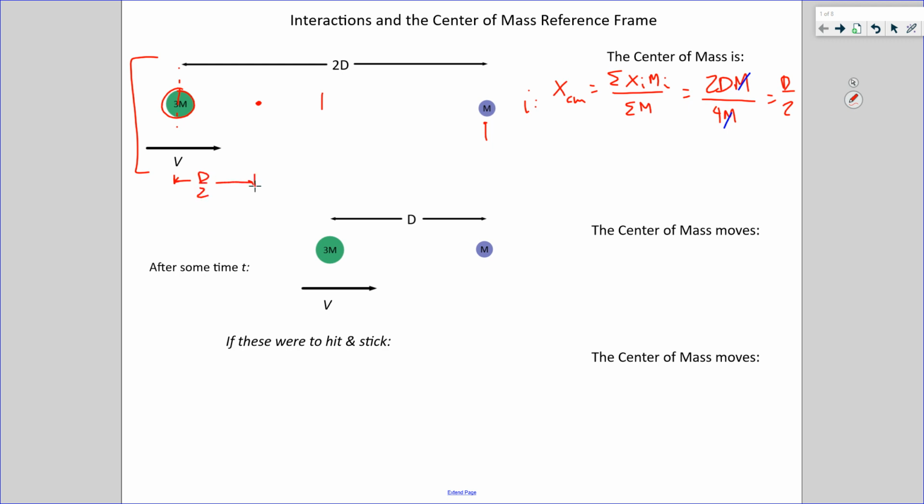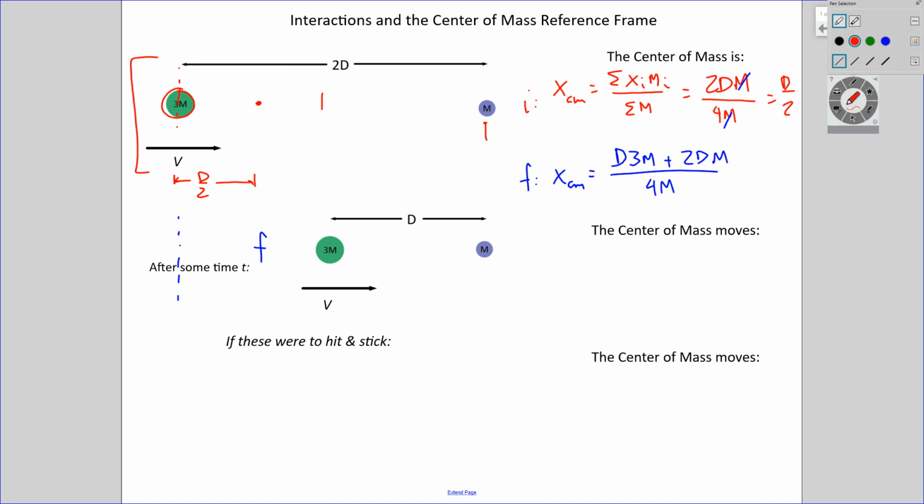Now, later, after some amount of time t, here's some final instant, we do the same operation. Position of center of mass is the same expression. Now, why don't we still measure from here? Okay, and we get 3m at position d, and then at position 2d we get m, over 4m.